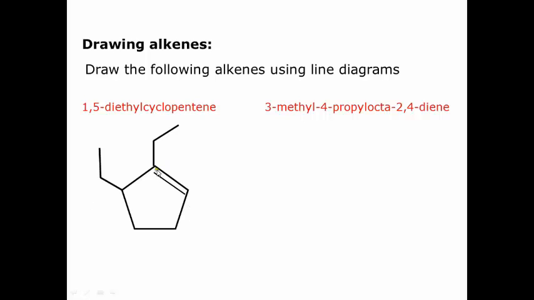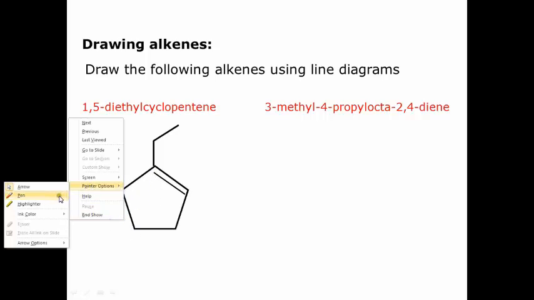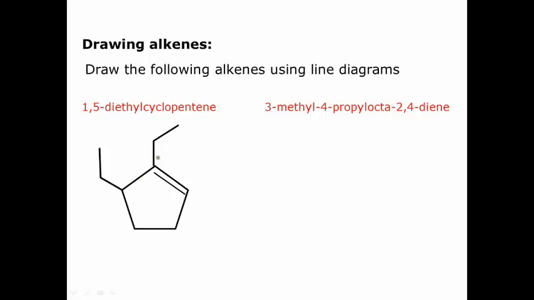It doesn't matter, but wherever you put it, that has to be considered position number 1. Okay? So in this drawing, I put the double bond here, which means this has to be carbon 1, which means this would have to be carbon 2. Again, carbon 1 and carbon 2 have to include the double bond. And then here's carbon 5. 3-methyl-4-propyl octa-2,4-diene.